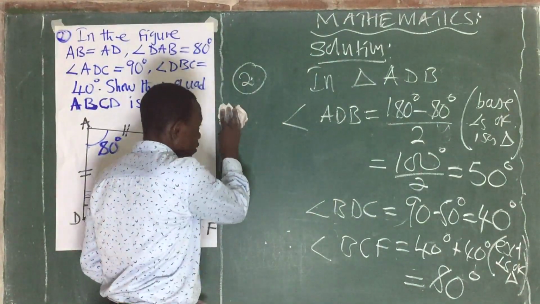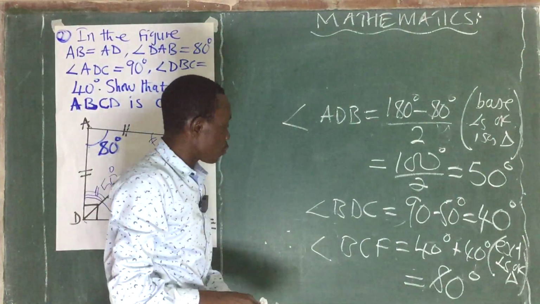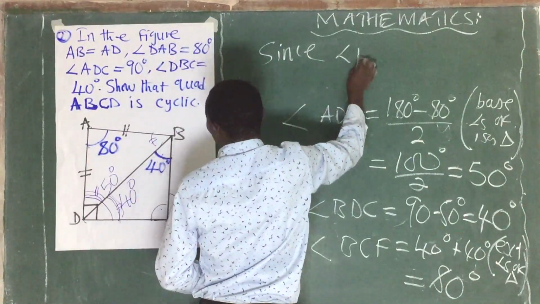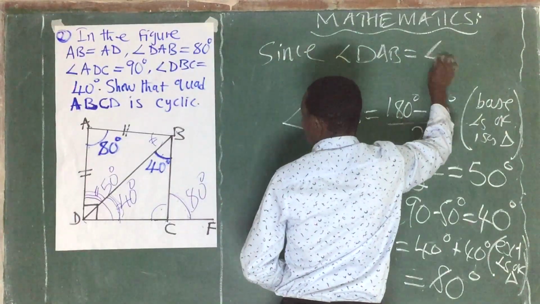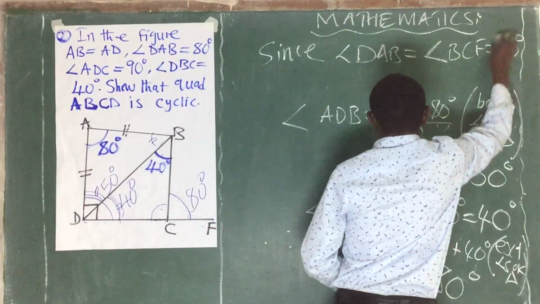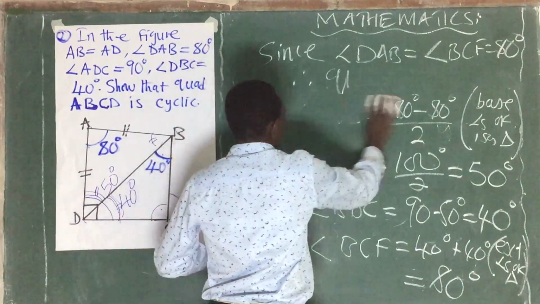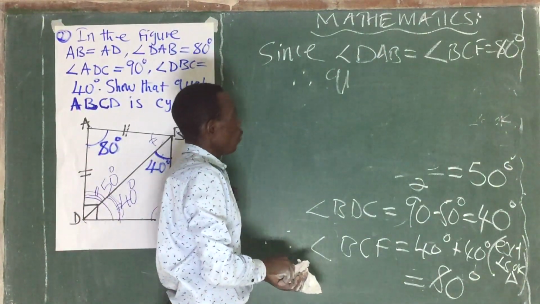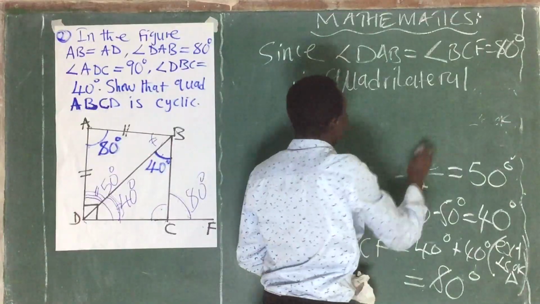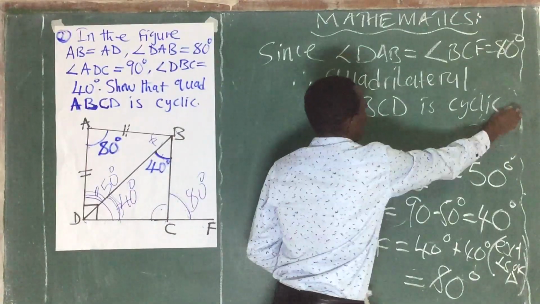Now, whilst we have just found that angle as 80 degrees, we can conclude: since angle DAB is equal to angle BCF, which is 80 degrees, therefore quadrilateral ABCD is cyclic.